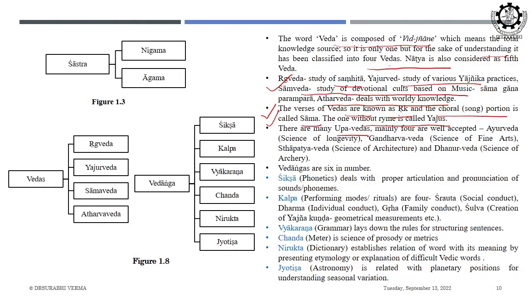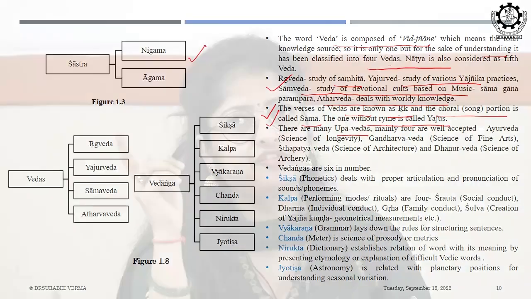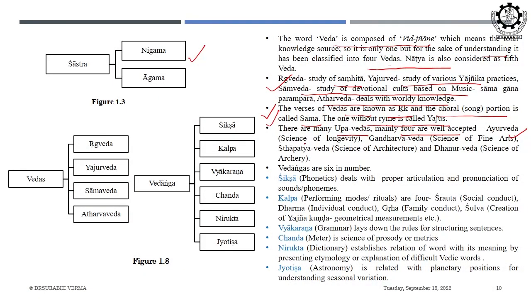Now, there are many Upa-vedas also. In the Nigama Shastra itself, we have 4 Vedas plus the 5th Veda, that is Nāṭya, and then we have Upa-vedas, of which the first 4 are well accepted: Ayurveda, the science of longevity; then Gandharva-veda, the science of fine arts; then Sthāpatya-veda, the science of architecture, how to build; and Dhanur-veda, the last one, the science of archery, how to be ready for war or battle.